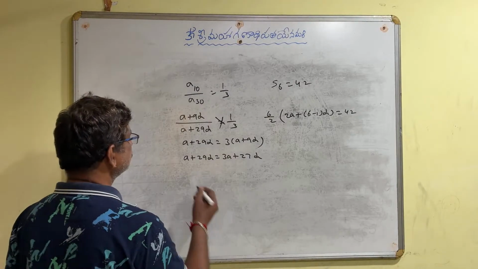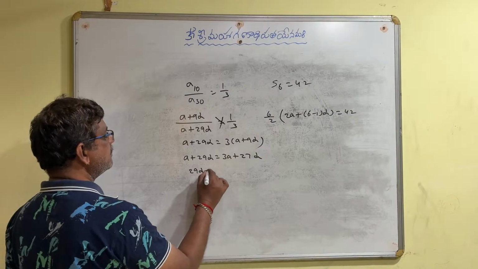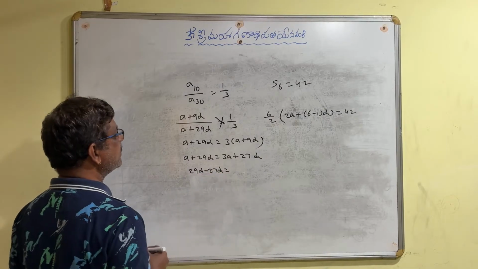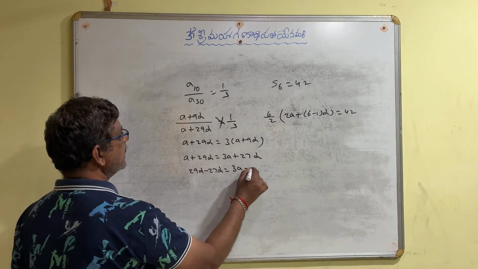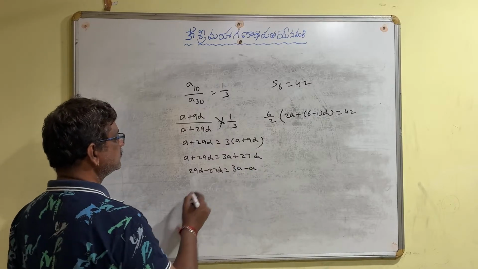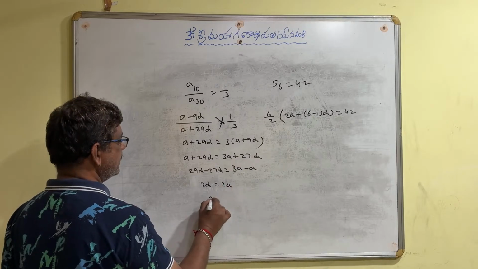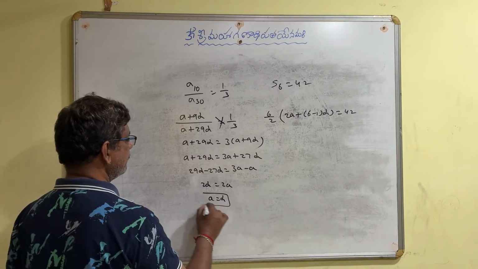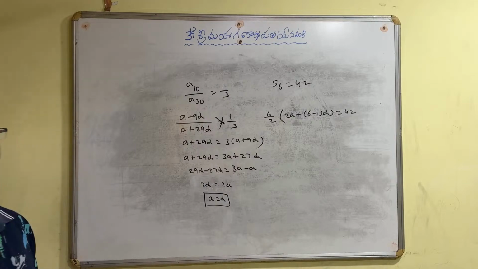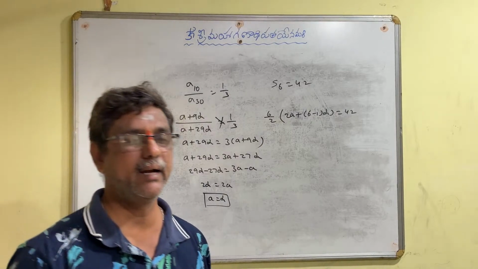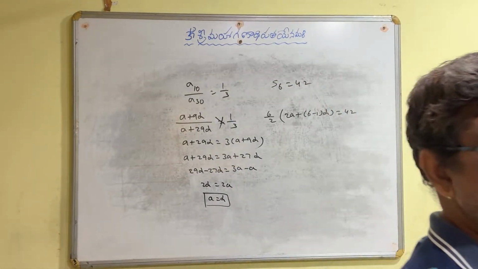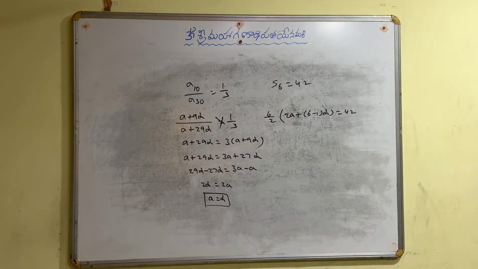Now, 29D minus 27D is equal to 3A minus A. So 2D is equal to 2A, A is equal to D. This is what we got at the end. A and D both are equal in this question.